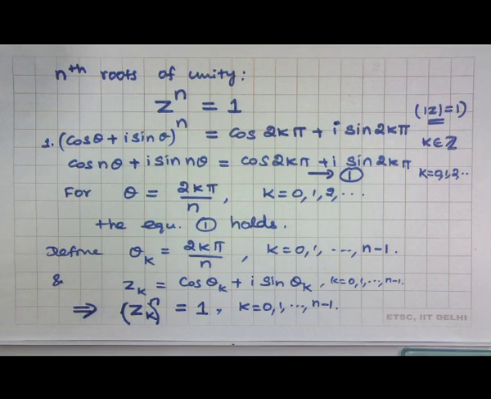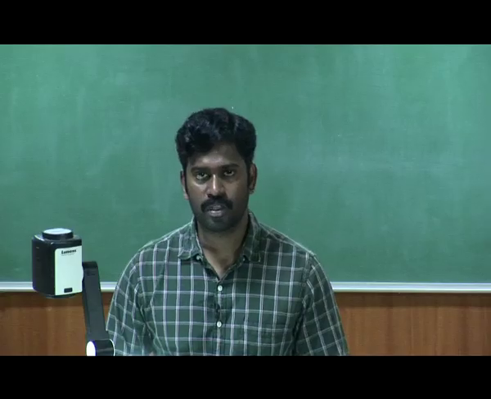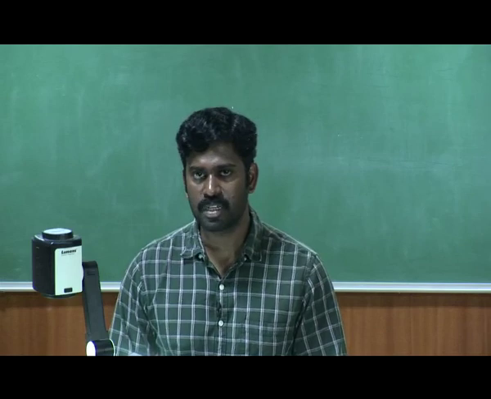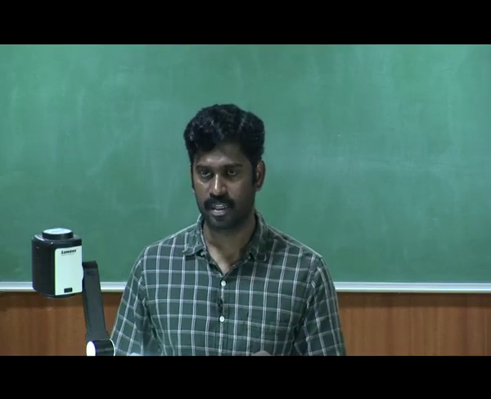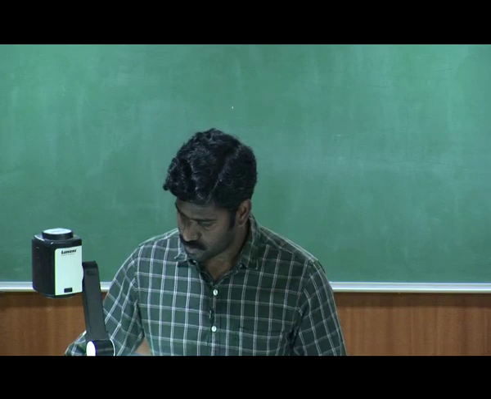Now the question is whether these are the only complex numbers. That is, can I take a k value other than 0 to n minus 1, maybe negative or more than n minus 1? If I take one, we are going to show that it will be equal to one of the zk. That is what we are going to prove now.